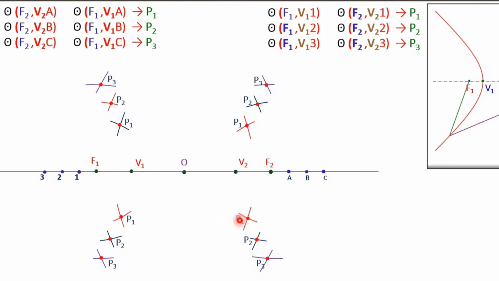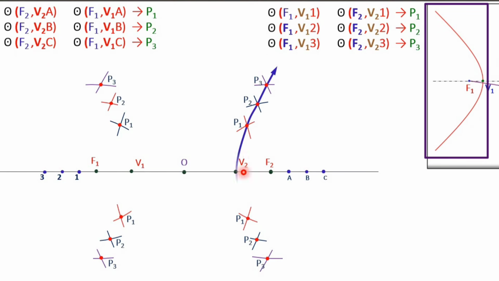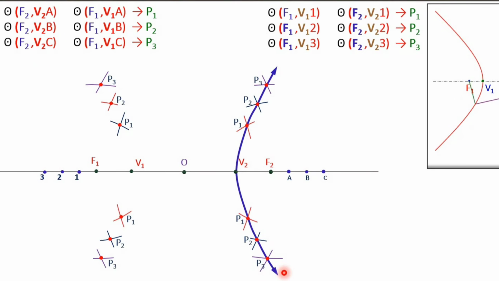Now draw the smooth curve passing through all these points, so that you will get this type of hyperbolic shape. Keep in mind that it must be a smooth curve with arrows on both sides. Similarly over here, draw the smooth curve with arrows on both sides.